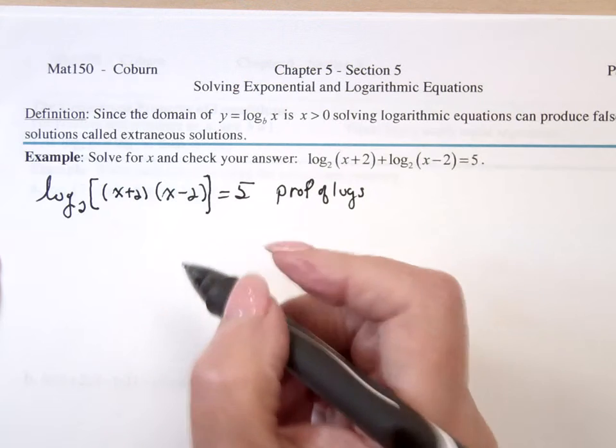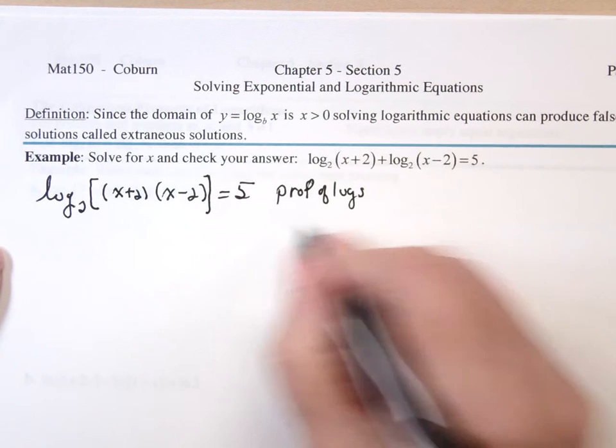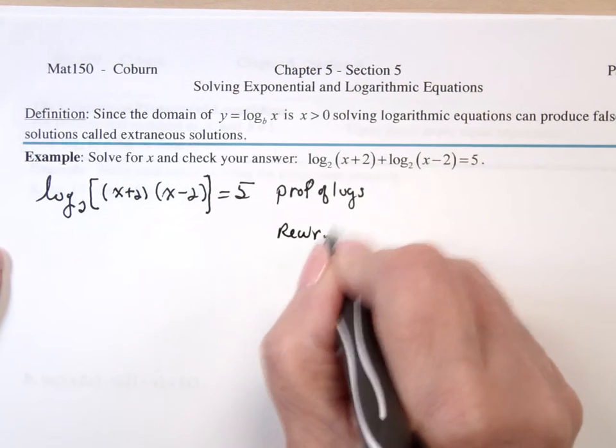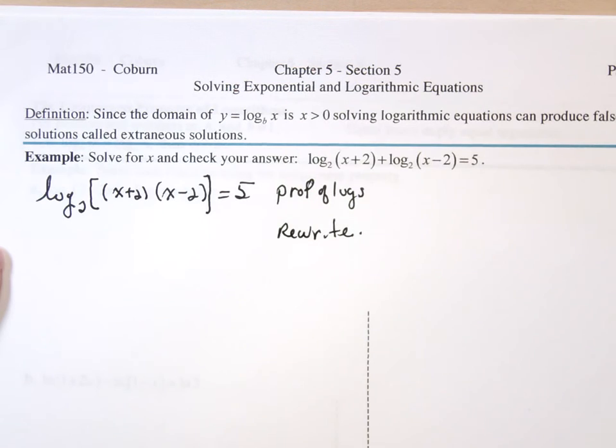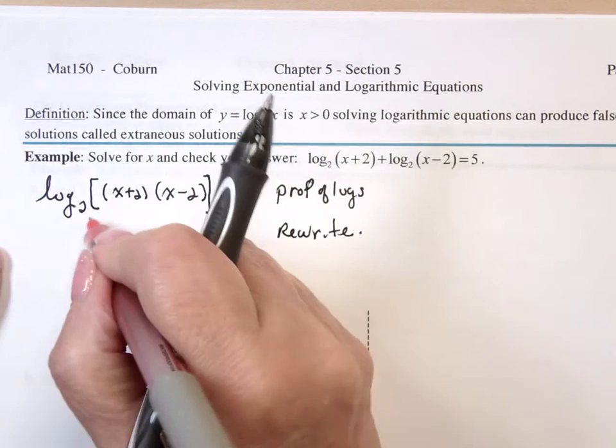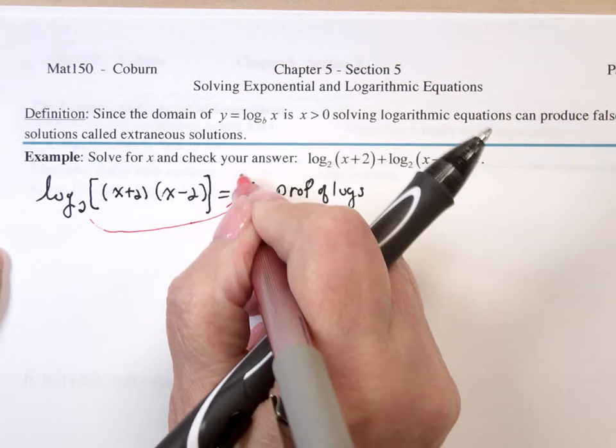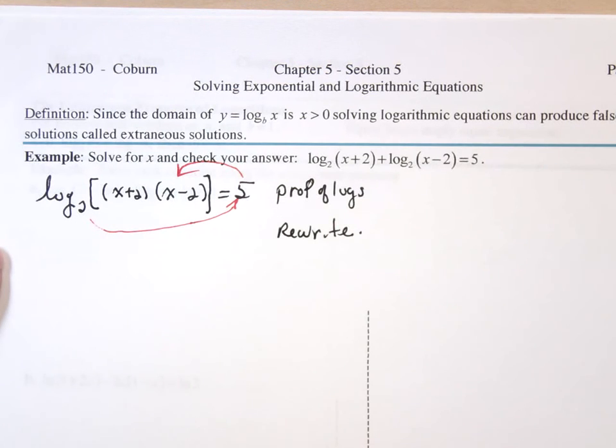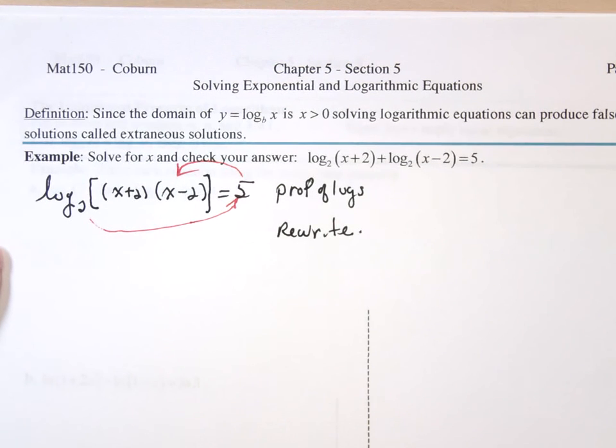Now I need to rewrite. So this is going to say that 2 raised to the 5th power is equal to the argument. This is the one thing, if you can't do in your sleep, that's going to kill you on this exam: being able to rewrite things from logarithmic to exponential form.